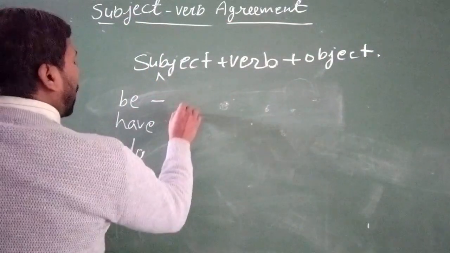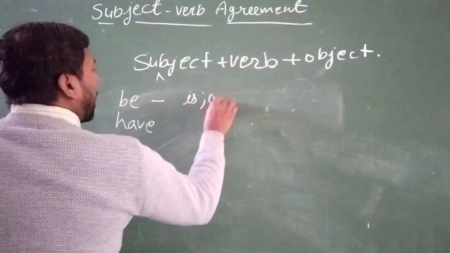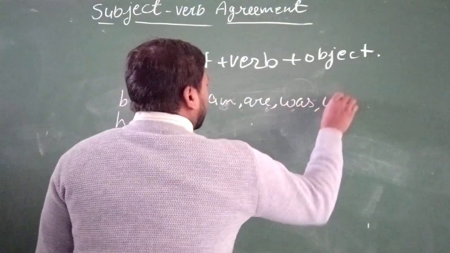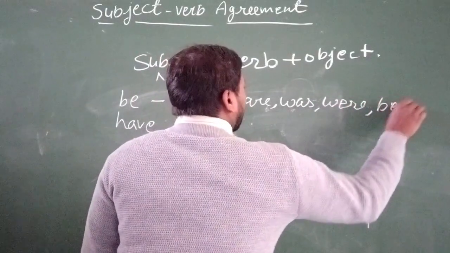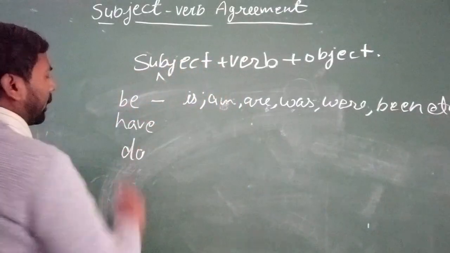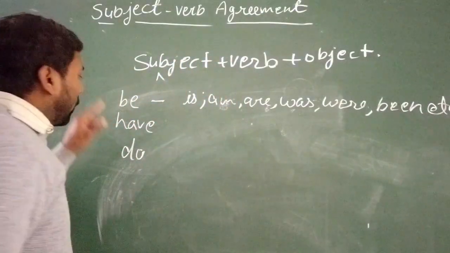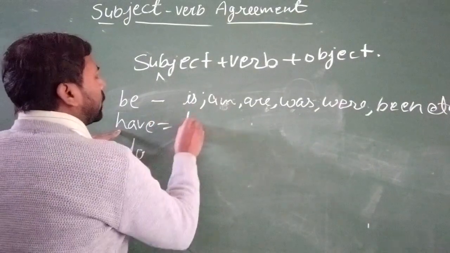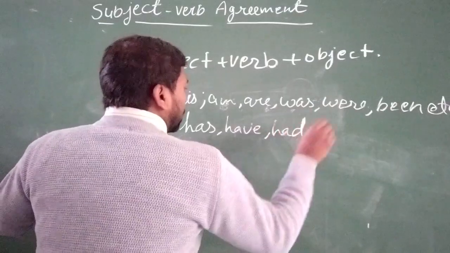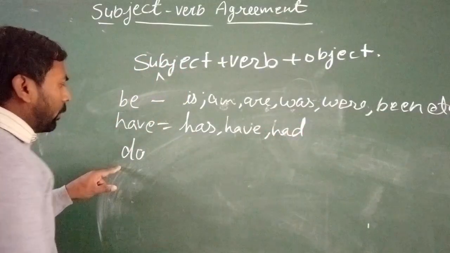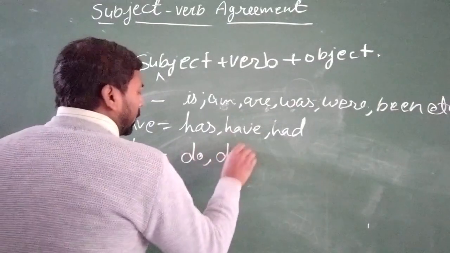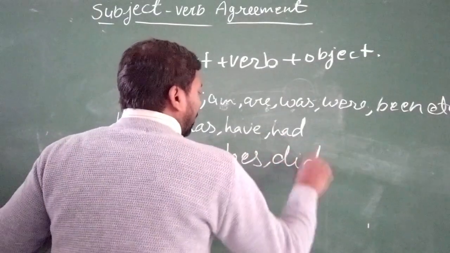Be is used in the forms is, am, are, was, were, be, etc. It is a form of the be verb. If your verb is have, then you always use has, have, had. If your verb is do, then it is formed as do, does, did.